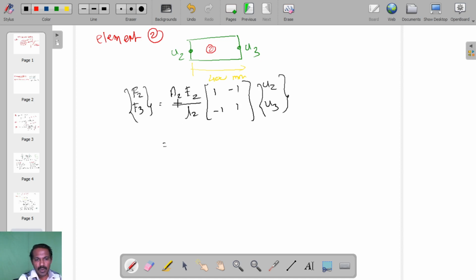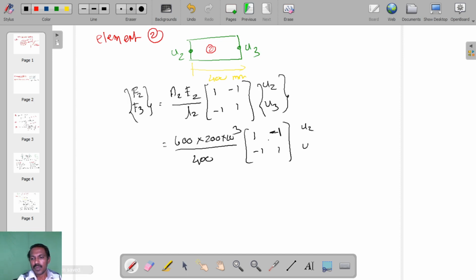You already know A2 is 600, E2 is 200 times 10 power 3, divided by L2, which is 400. So let's substitute all the values with u2, u3. Okay, students. Next we simplify.